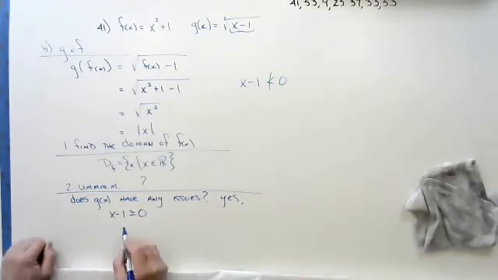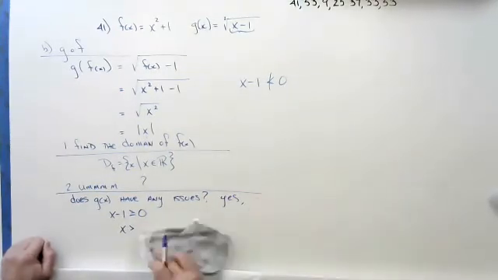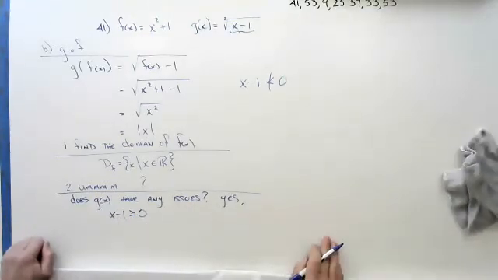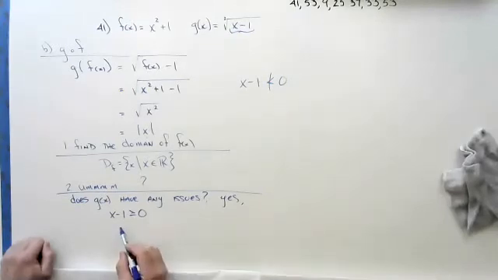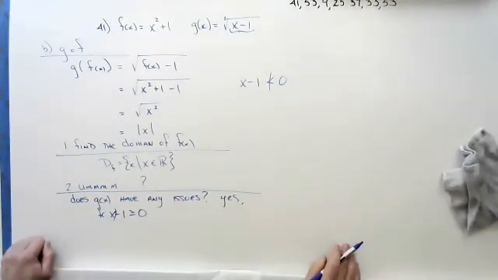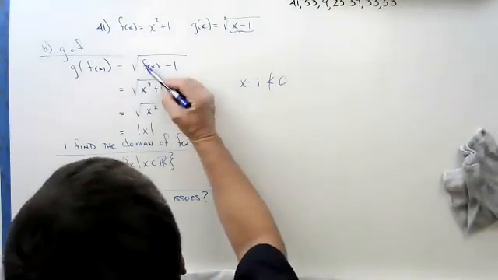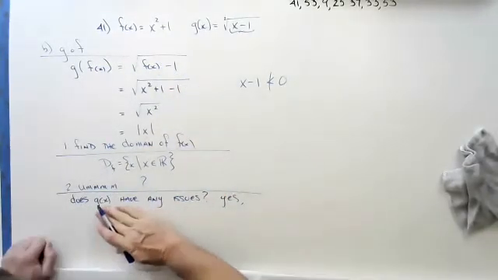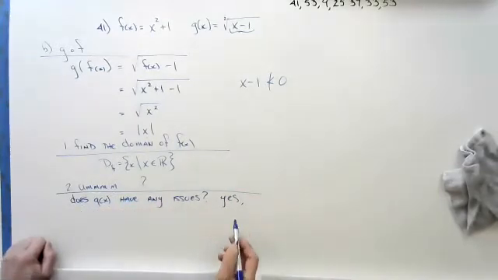Now we all know what that means. That means x has to be greater than. Well, that's not our problem, right? That's not our problem because our problem isn't x. We're not worried about x. We're worried about f of x, because that's who's underneath here. That's what we said, right? We said, does g have any issues?